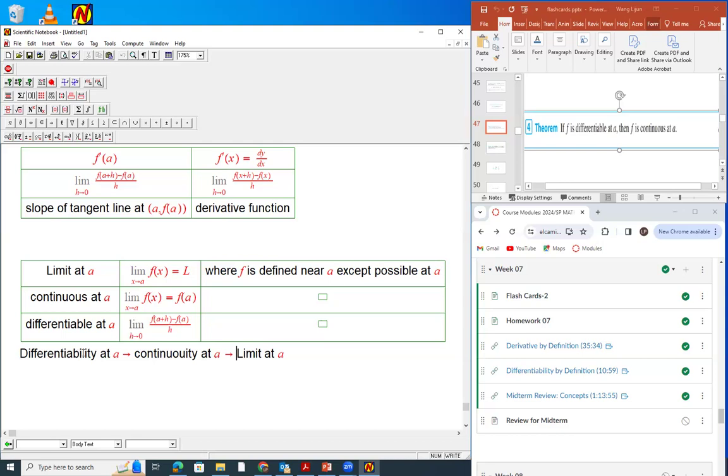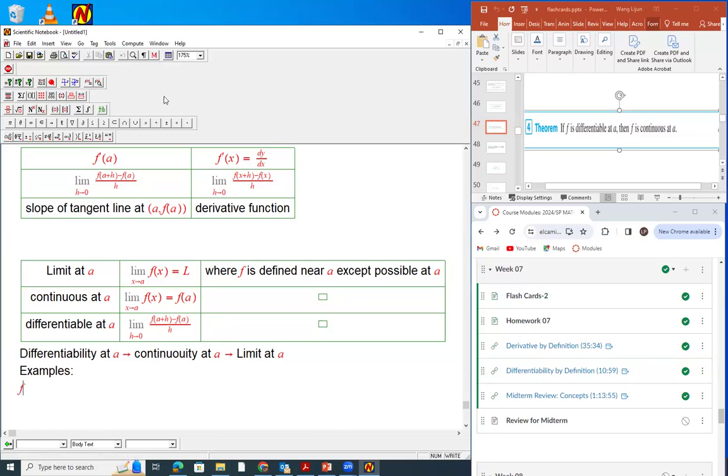So differentiability guarantees continuity, continuity guarantees limit, but the other way around does not work. And you need to know counterexamples, some examples that illustrate that.